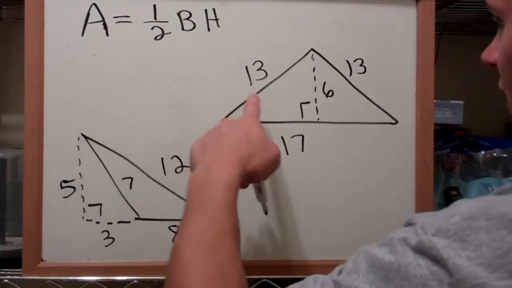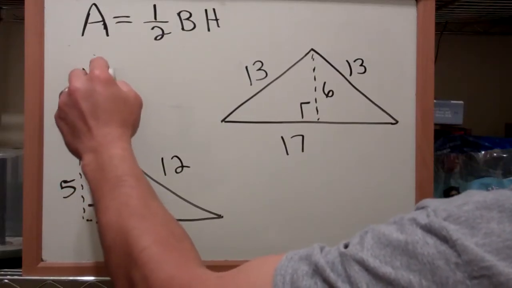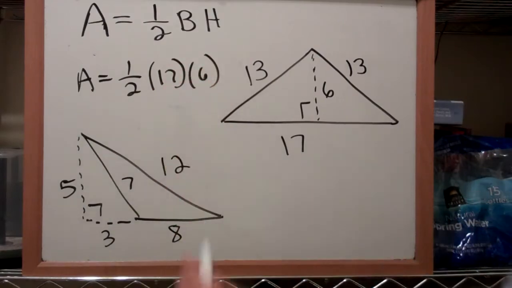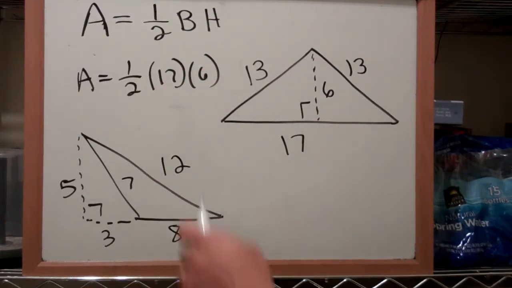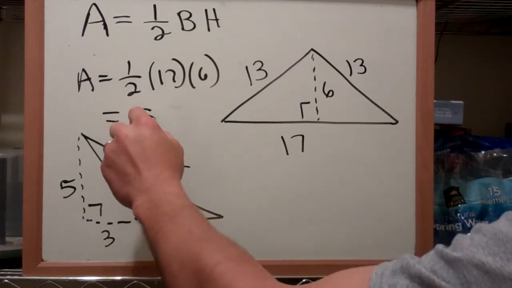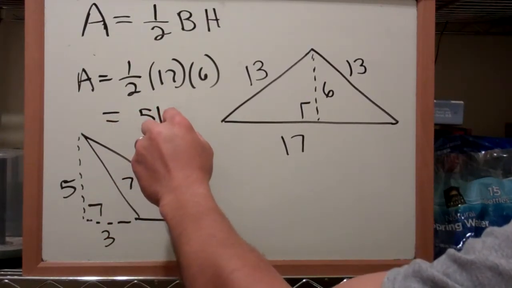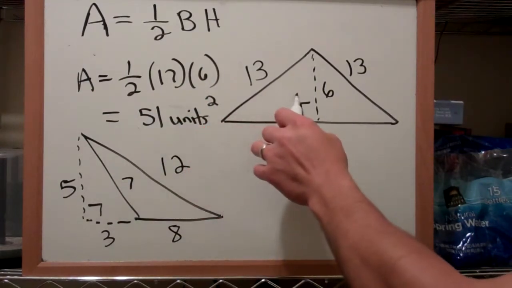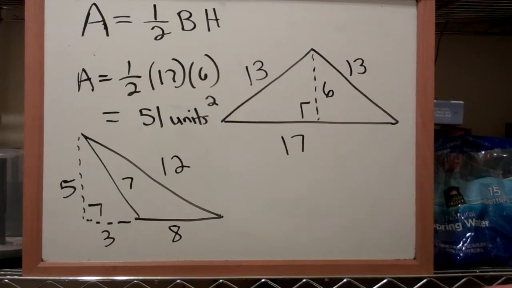So the area of this triangle would be equal to 1/2 the base, which is 17, times the height. And if you multiply these three numbers together, you should get the area as 51 units squared.